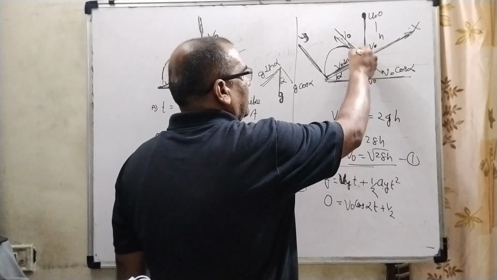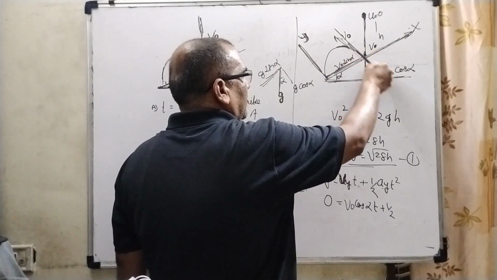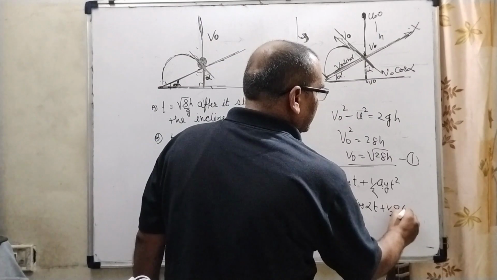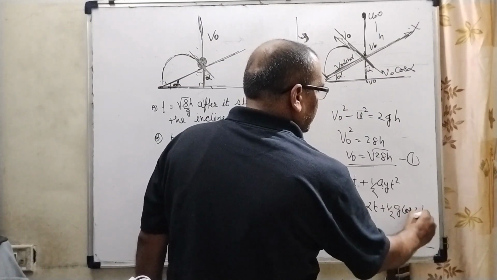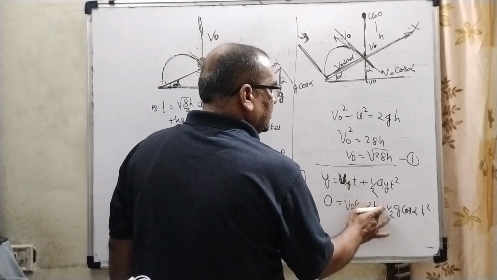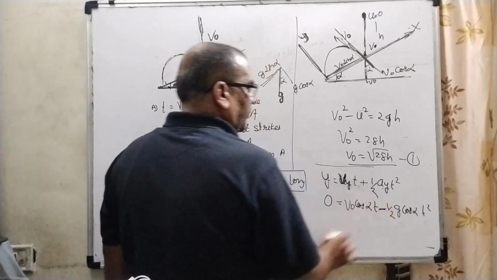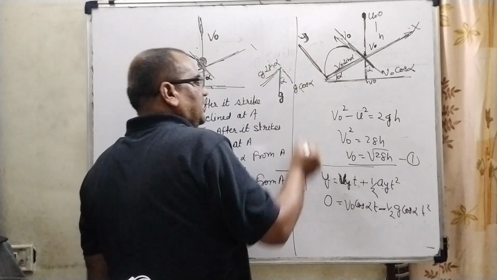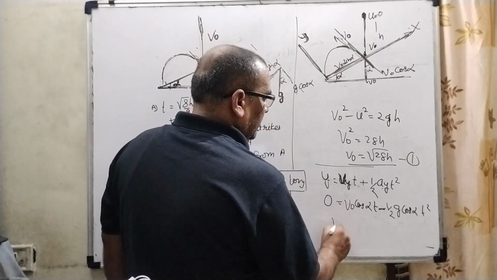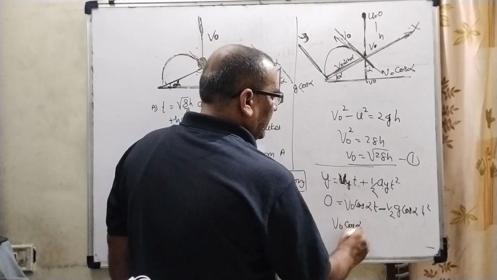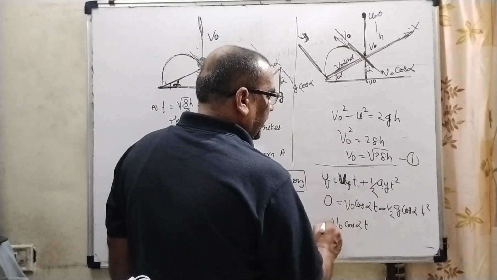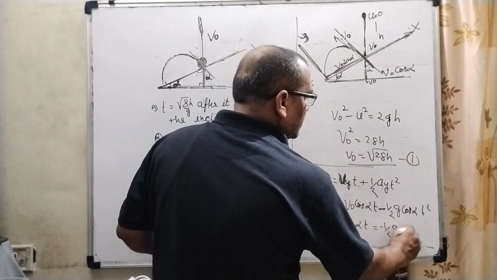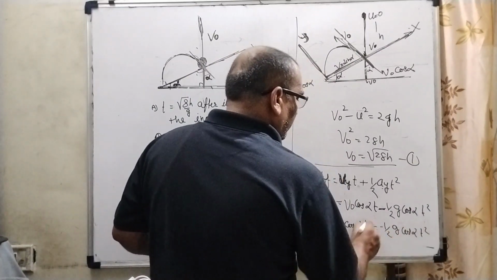What is ay? The component in this direction is g cos alpha, times t square. But it is in the opposite direction, so we have taken negative, minus g cos alpha. Then v naught cos alpha t minus 1 by 2 g cos alpha t square.